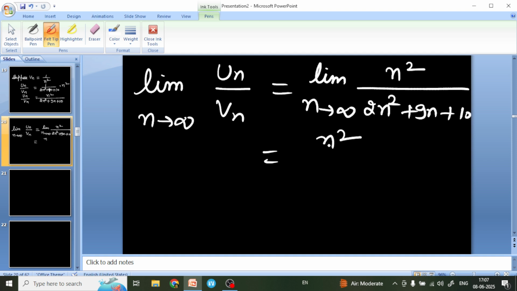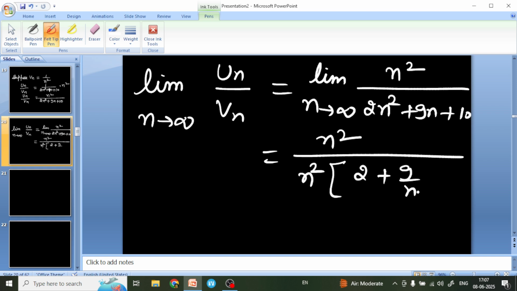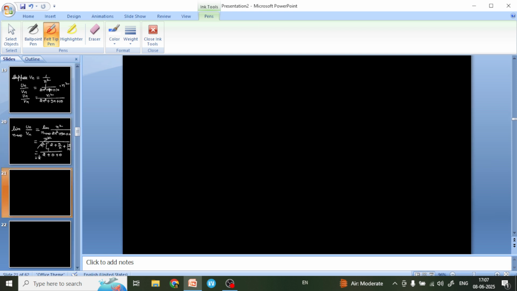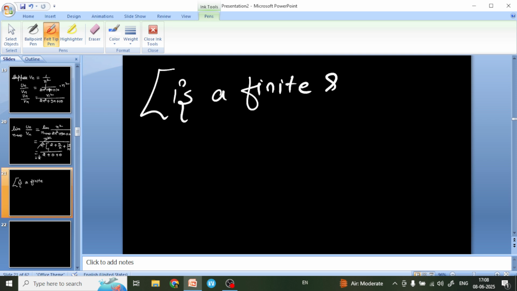Now take n square common from the denominator: 2 plus 9 by n plus 10 by n square. N square cuts with n square, and when we put infinity here, the terms become 0, and the answer will be 1 by 2, and 1 by 2 is a finite and non-zero number.